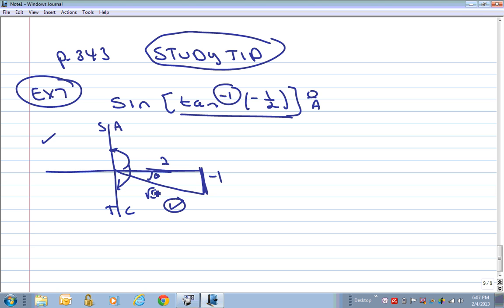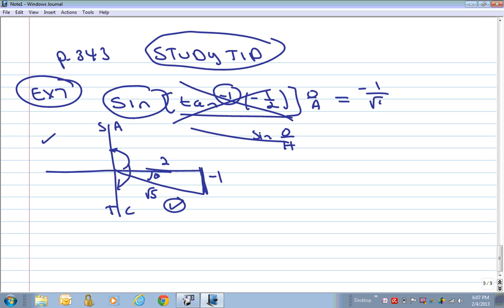Now we've built our triangle. We have finished with all of this information, and we are now trying to solve for sine. The whole thing's going to be equal to something in a minute. I just wanted you to see that. So sine is opposite over hypotenuse, so that would be -1 over the square root of 5.